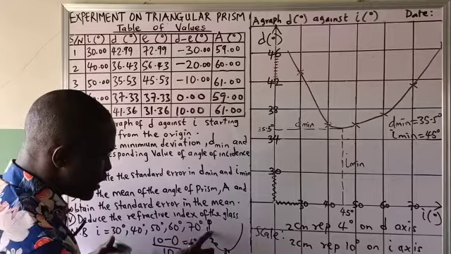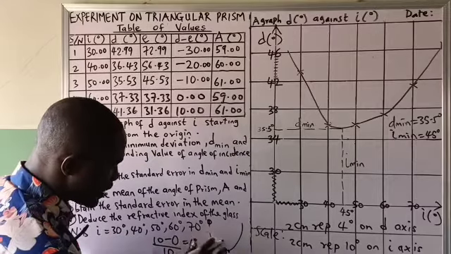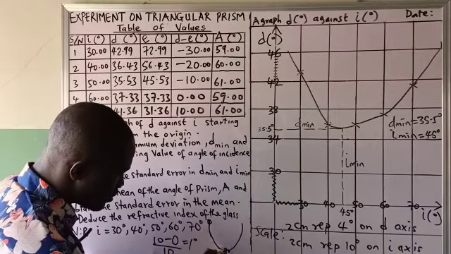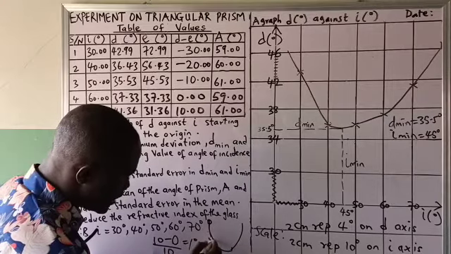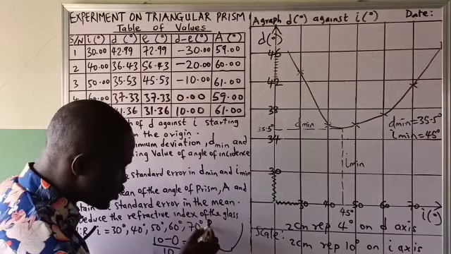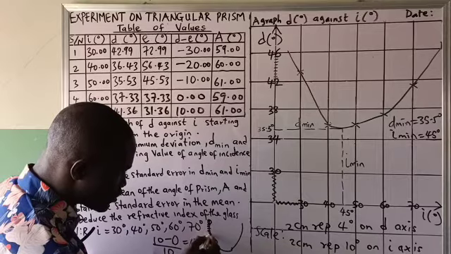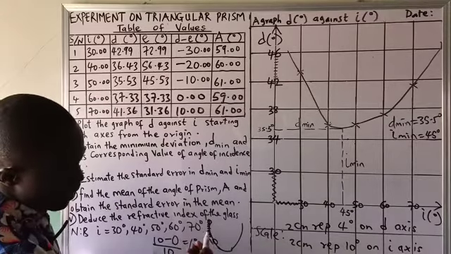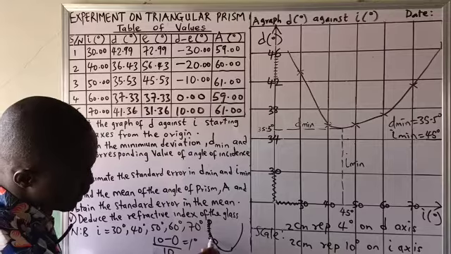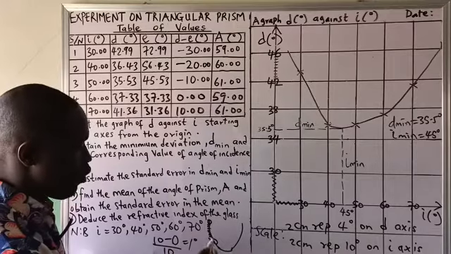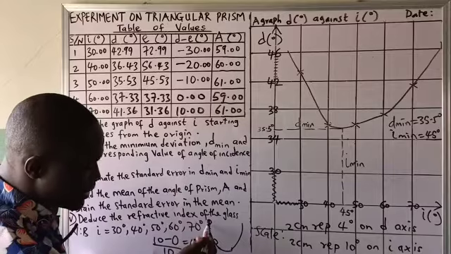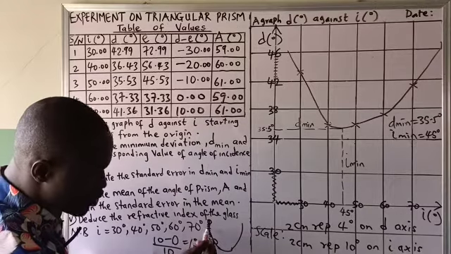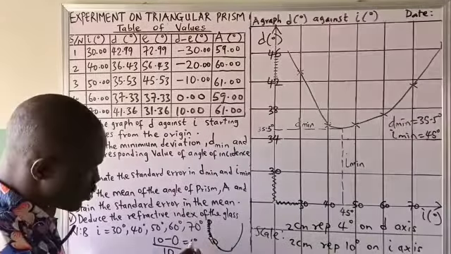I repeat, if here is 0 and here is 10, you will see small lines between 0 and 10, up to 10. So I say 10 minus 0, 10, divided by those small divisions, which are 10. It will give you 1 degree.